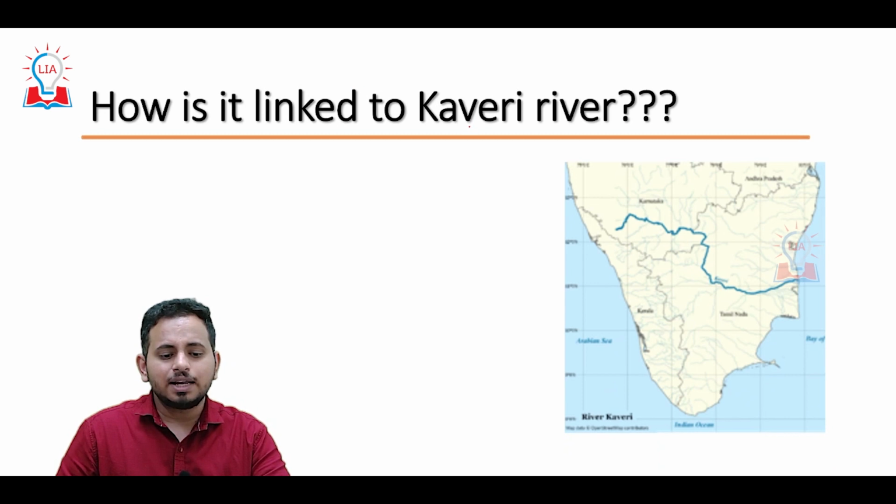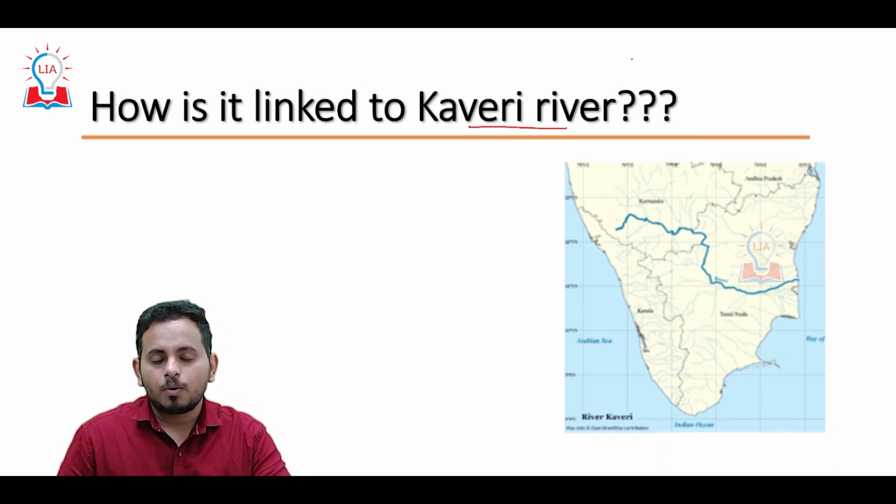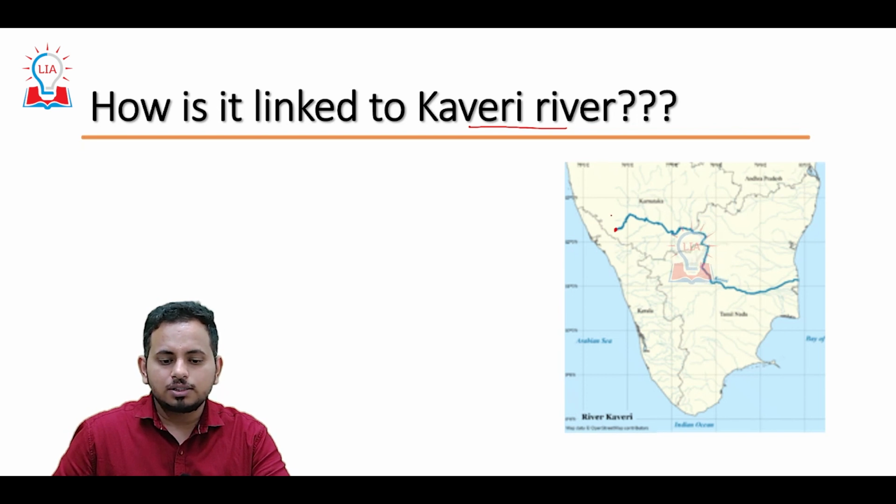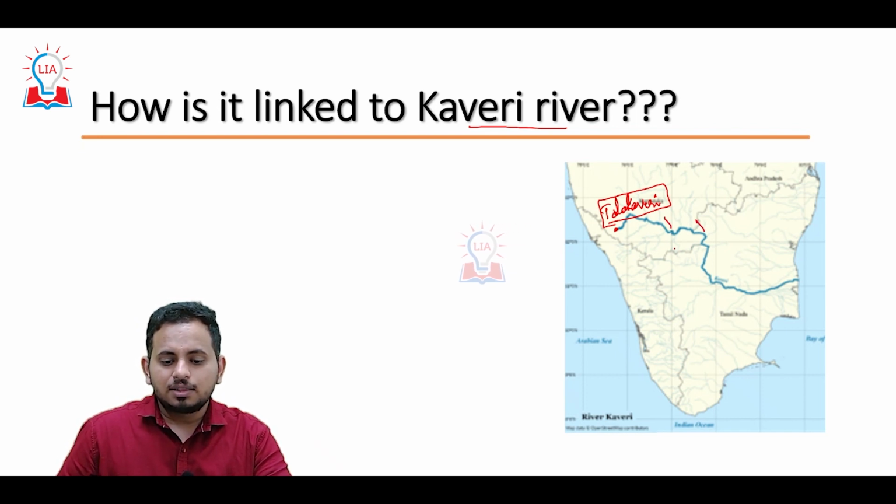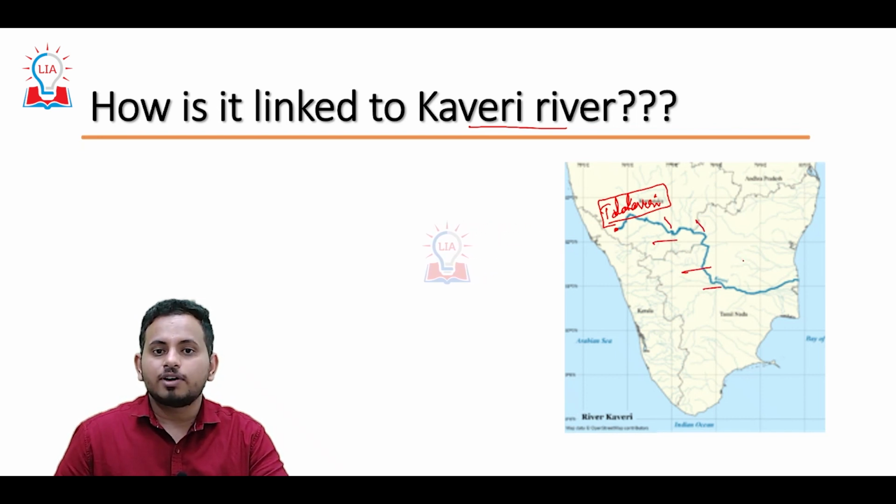How is it linked to Kaveri River? See, here you can see the map of Kaveri River. This is the origin. The Kaveri River originates here at a place called Talakaveri. This is also a part of your geography, drainage system. At this point of time, revise the tributaries of Kaveri River.